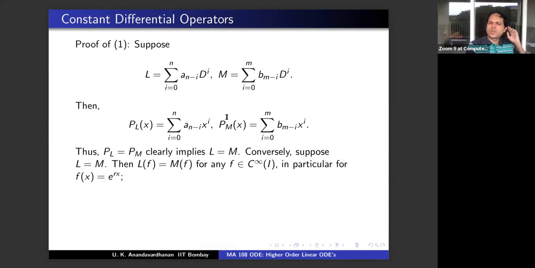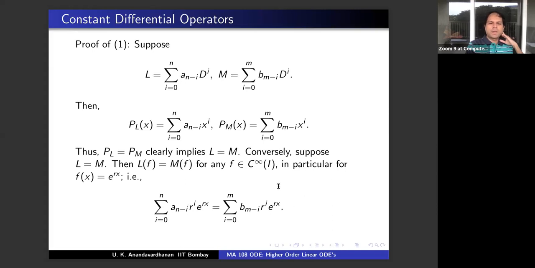So in particular, it is true for e power rx and therefore you will get the sum of a_{n-i} r^i e power rx equal to the sum of b_{m-i} r^i e power rx. So you can cancel e power rx. Yes, of course you can cancel e power rx. i is the variable.